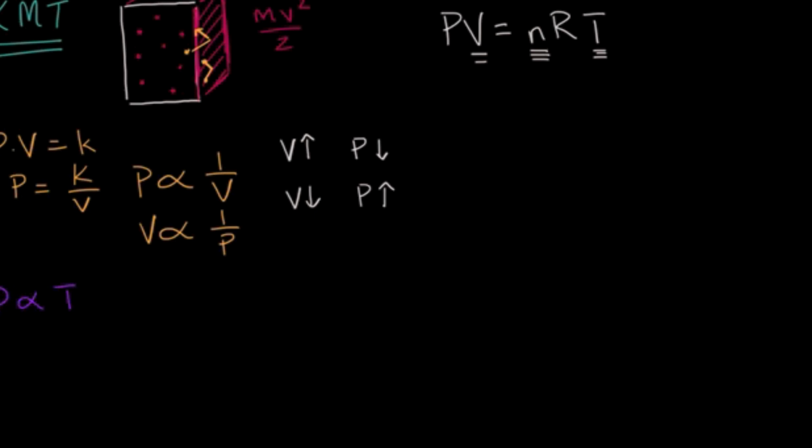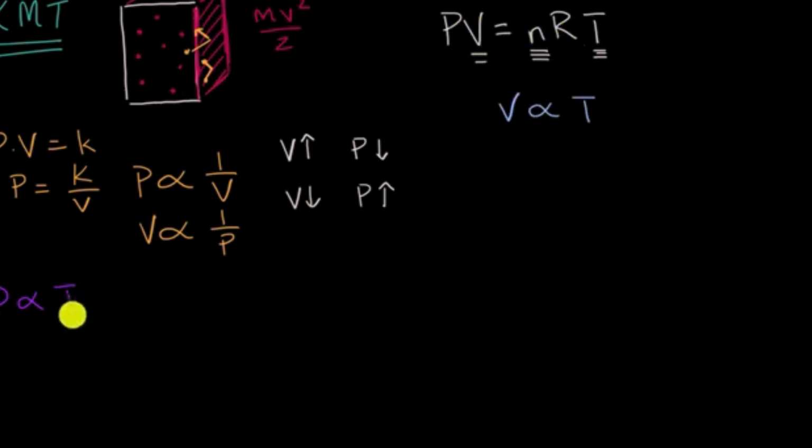Now another relationship, and I'm really just going through all of the combinations over here. What if we were to hold pressure and the number of molecules constant? So we're really looking at the relationship between volume and temperature. So once again, if P, n, and R are constant, the ideal gas law would tell us that the volume is proportional to the temperature. Once again, holding everything else constant.